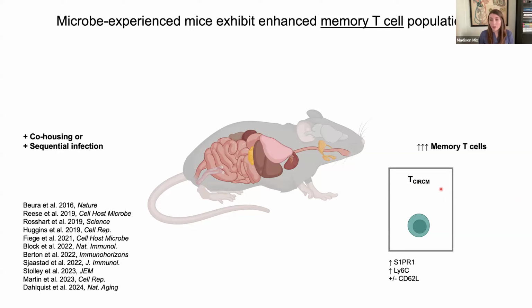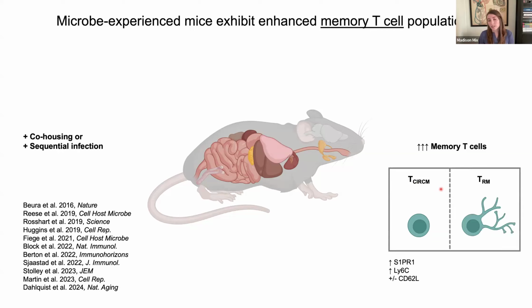But we also know that there are some memory T cells that adopt a different way of life, that become tissue resident memory T cells and stay in one tissue long term. And that these cells are going to express a series of surface markers that either directly characterize or contribute to the ability of these cells to be retained within tissues long term.